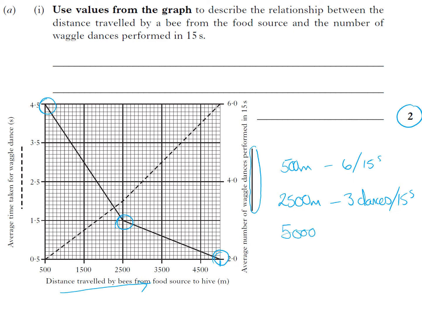All right, just checking. Yeah, okay. So at 5,000 meters, we have 2 dances in 15 seconds. And I would probably put decreasing and decreasing to get your kind of proper description. Okay, all the points, nothing missing, must have units somewhere to actually give you the data.